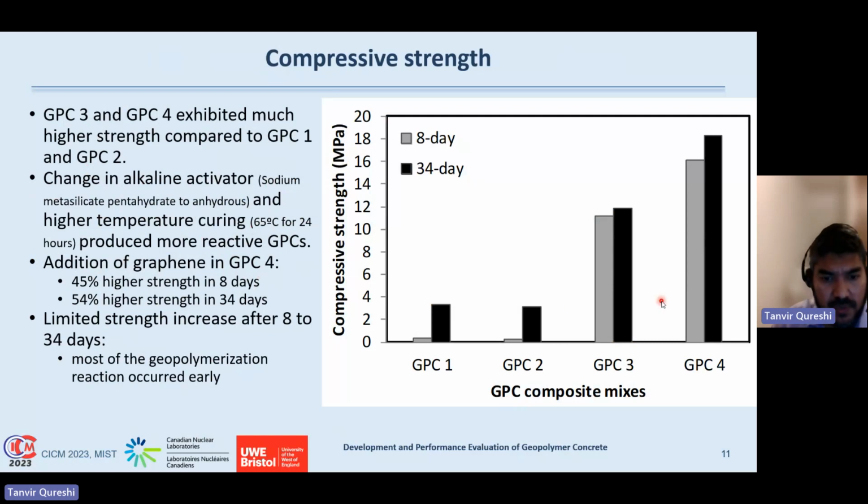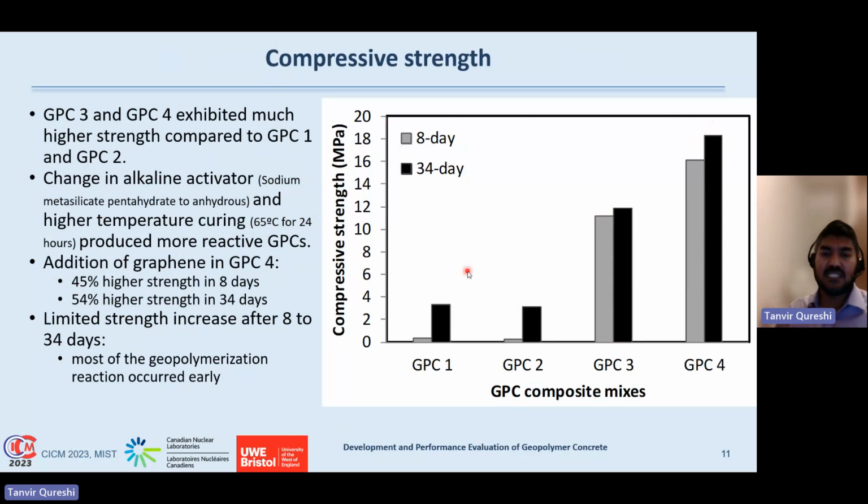So you can see the compressive strength compared between GPC3 and 4. GPC3 doesn't have any graphene and 4 has graphene. The strength has enhanced about 45% from GPC3 to GPC4, up to 16 megapascal, and then there was about 55% enhancement in the compressive strength at 34 days compared to GPC3. Another thing to note is that between the 8 days and 35 days compressive strength, there is not much strength gain.